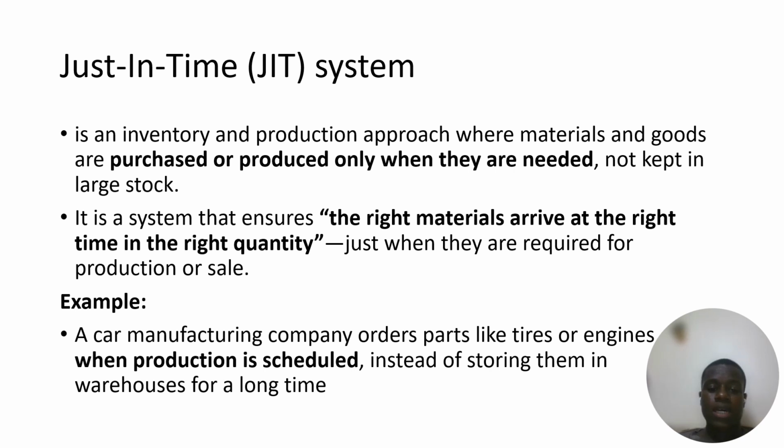It is a system that ensures the right materials arrive at the right time in the right quantity, just when they are required for production or sale. For example, a car manufacturing company orders parts like tires or engines when production is scheduled instead of storing them in warehouses for a long time.